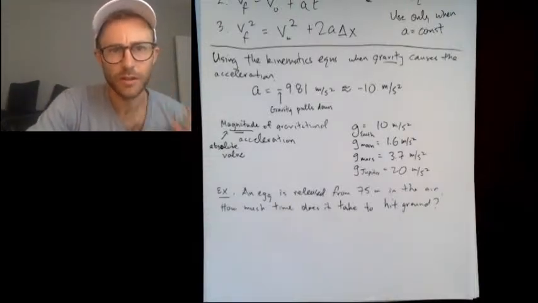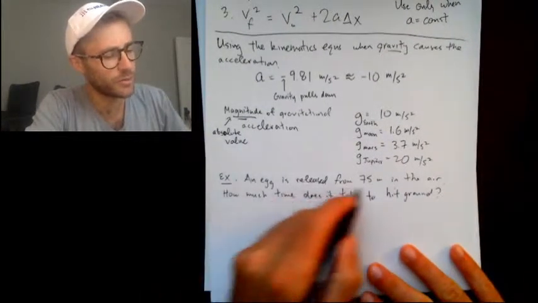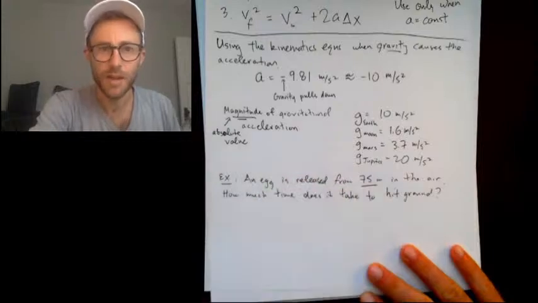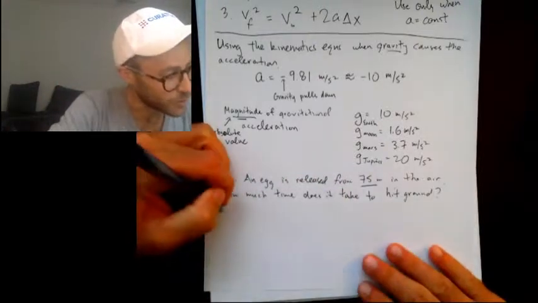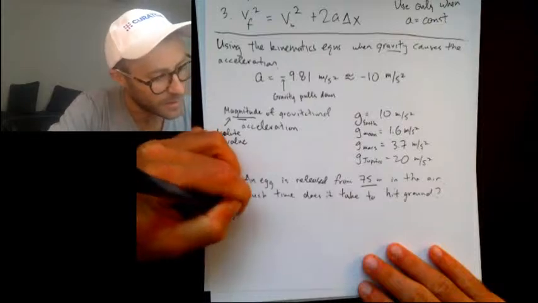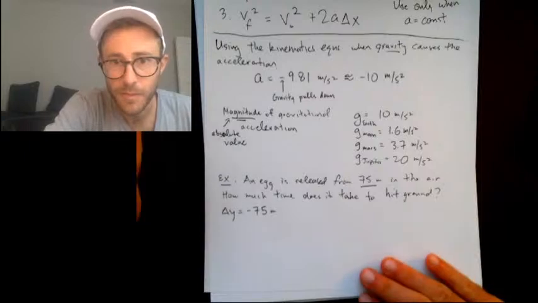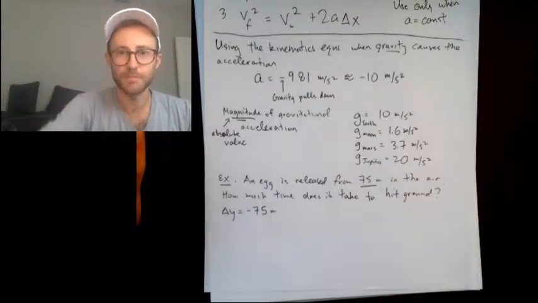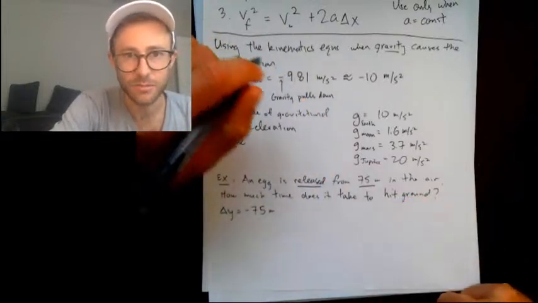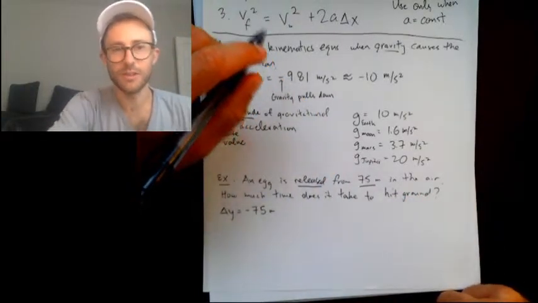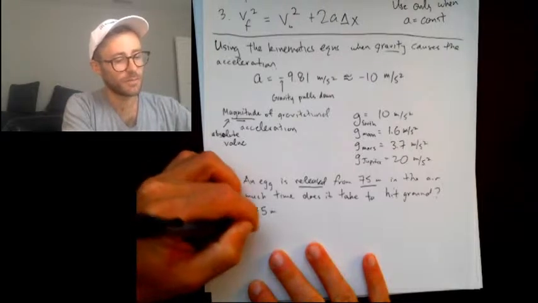So let's go ahead and parse this problem for information. The egg is released from 75 meters in the air. That means the egg has to fall 75 meters, so delta y is negative 75 meters because it falls that amount. When you say something is released, released is code for initial velocity equals 0.